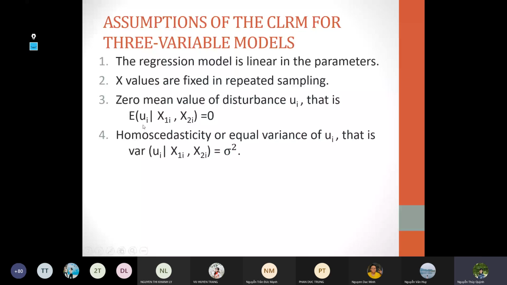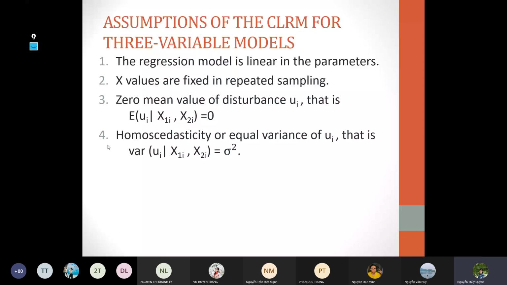The fourth assumption here is homoscedasticity of the disturbance UI, which means that the disturbance UI has constant variance across any observed value of x1 and x2, and it will still be sigma square here.